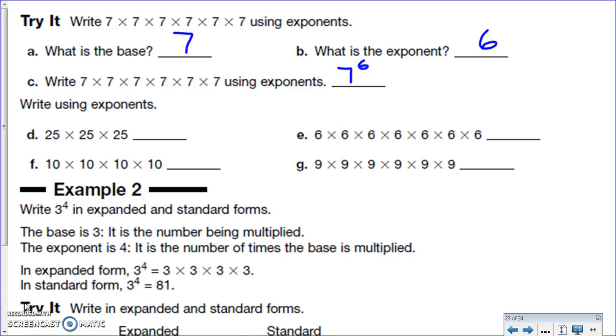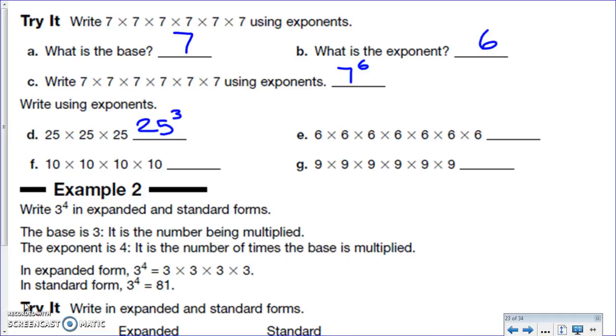Write using exponents. For D, we have 25 times 25 times 25. So we know the base is 25. We have 3 25s, so the exponent will be 3. So we have 25 cubed, or 25 to the 3rd power. For E, we have 6 times 6 times 6 times 6 times 6 times 6 times 6. So our base is 6. We have 7 sixes, so our exponent is 7.